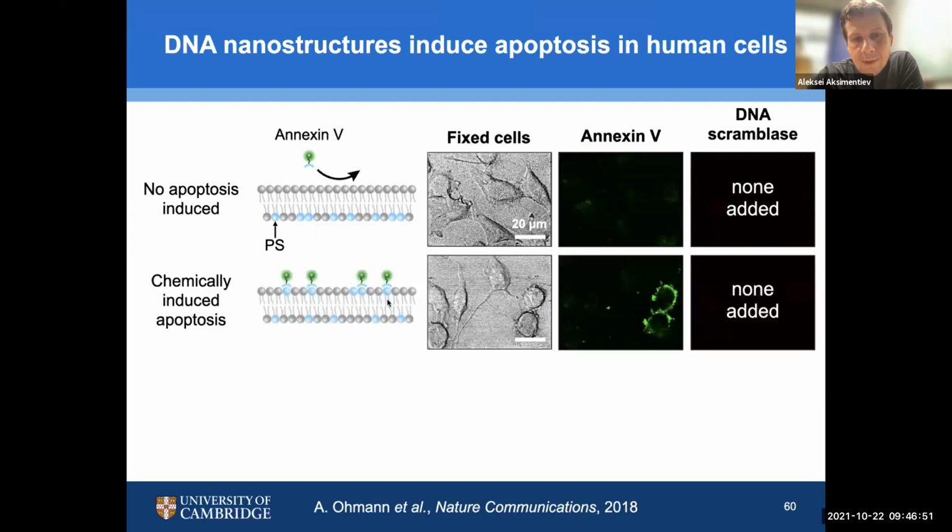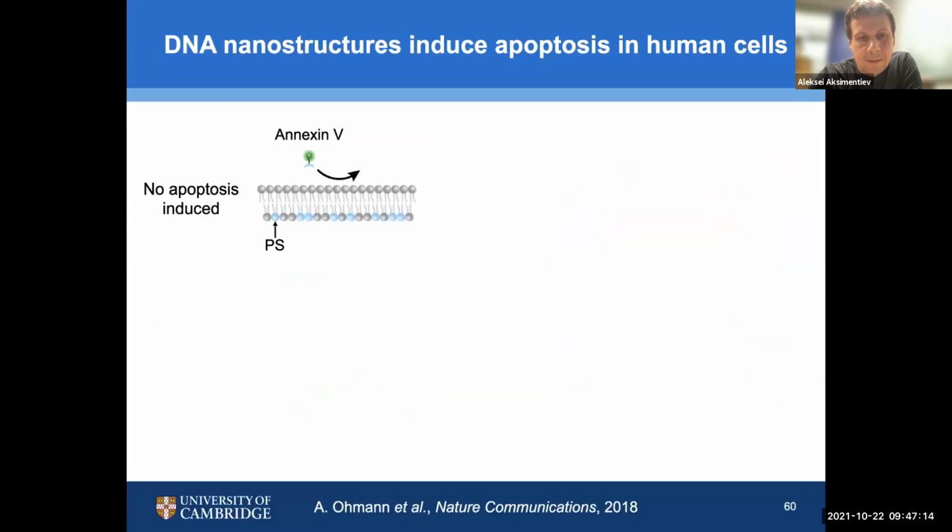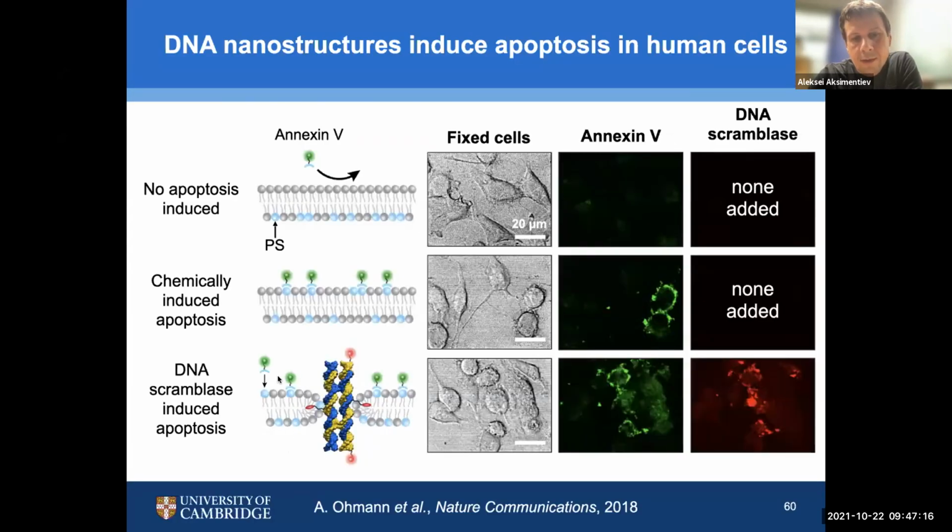Now, if you chemically induce apoptosis in the cell, you'll have those PS lipids exposed, and you will see it light up because the annexin 5 will bind to it. So what we found experimentally was that if we expose a cell to a scramblase, the scramblase will scramble PS lipids to be outside so that you can see them with a stain. And usually having PS lipids outside is a signal saying, okay, I'm a cell, I have a problem.